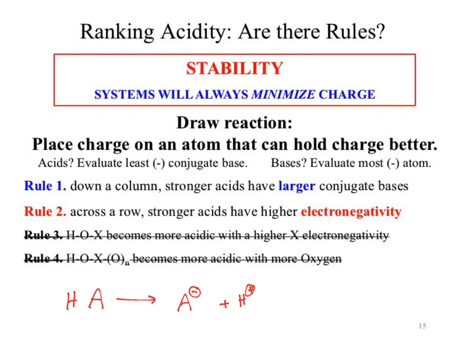What happens when we go through and look at base strength, though? In bases, we just say evaluate the most negative. Why all of a sudden am I switching? Because if I drew out a base here, why do I not look at the conjugate acid? What does the base need to start with?